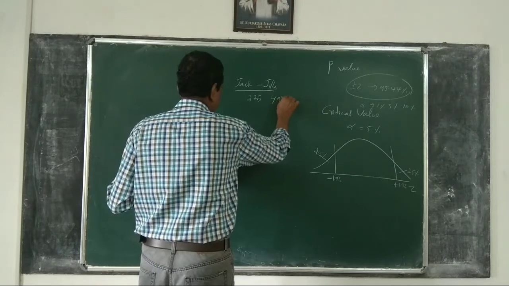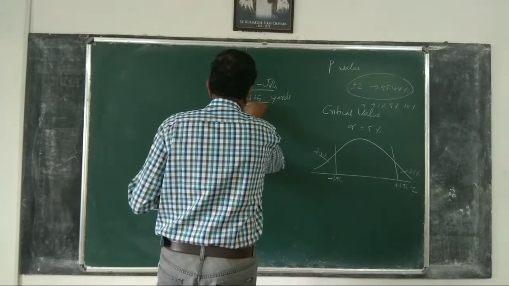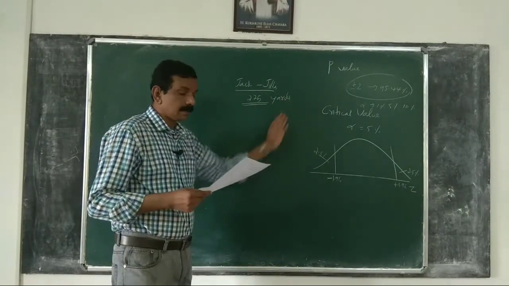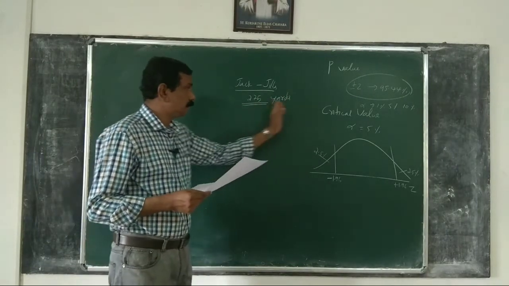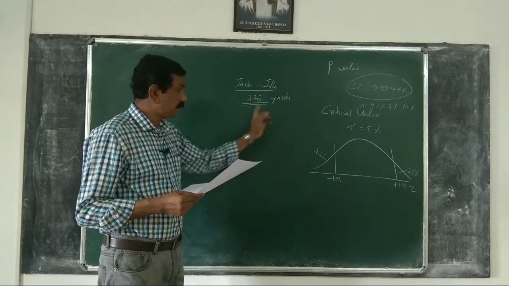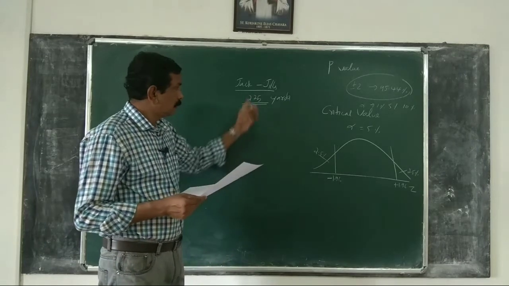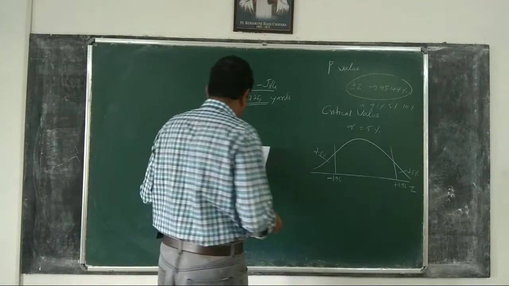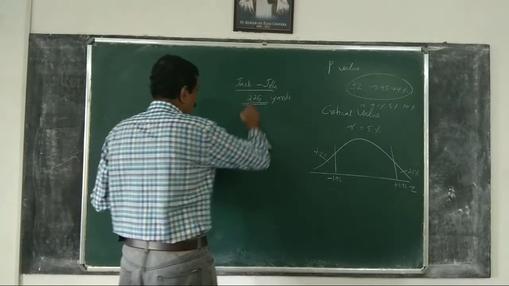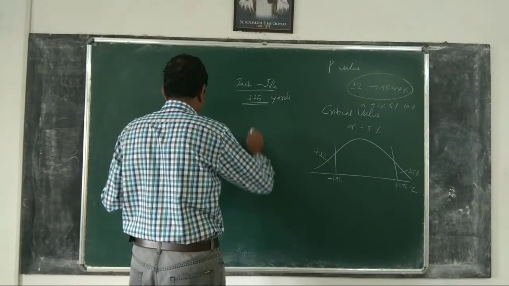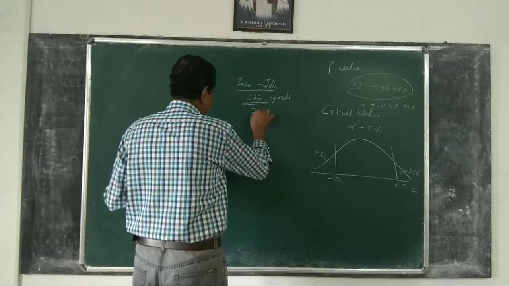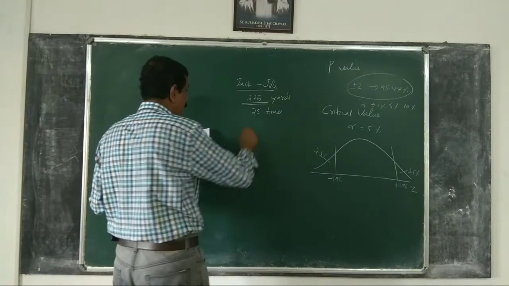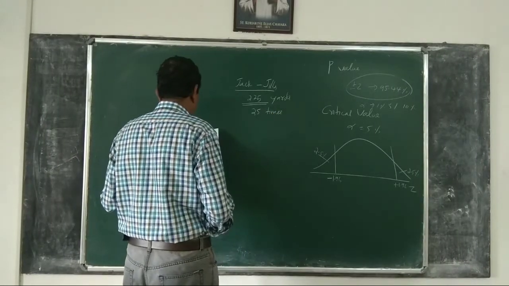Gilles is skeptical and asks Jack to hit the golf ball 25 times.